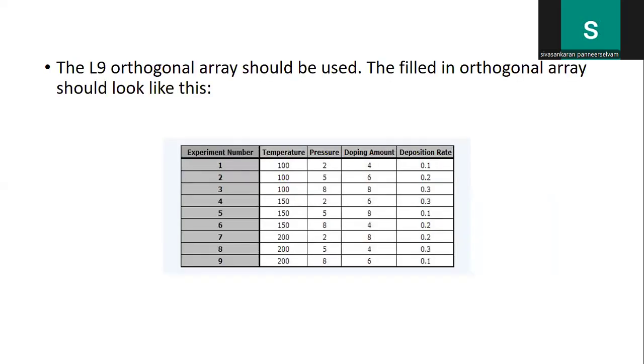Using the L9 orthogonal array, the filled-in orthogonal array looks like this. So they have taken the most important factors: temperature, pressure, doping rate, and deposition rate.